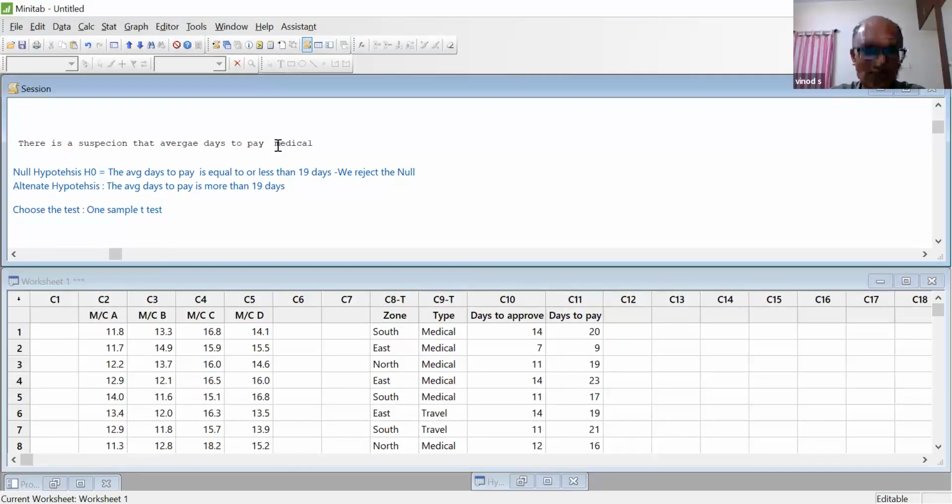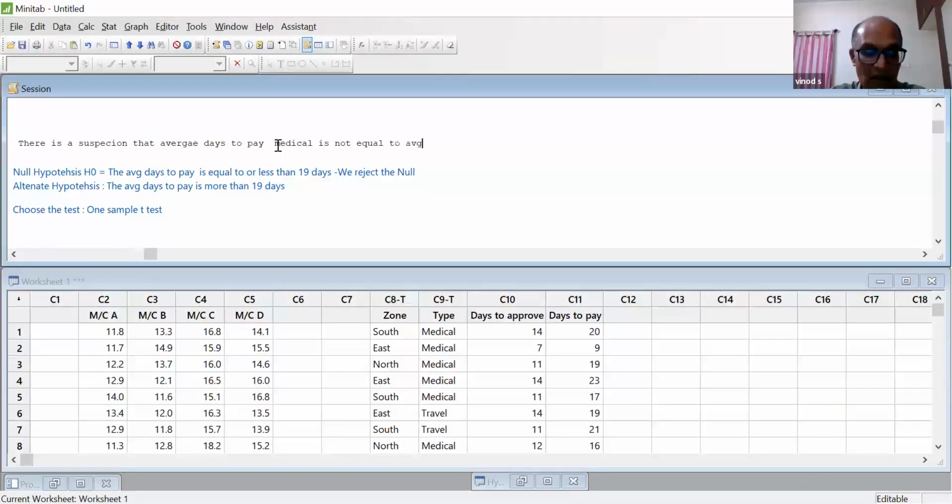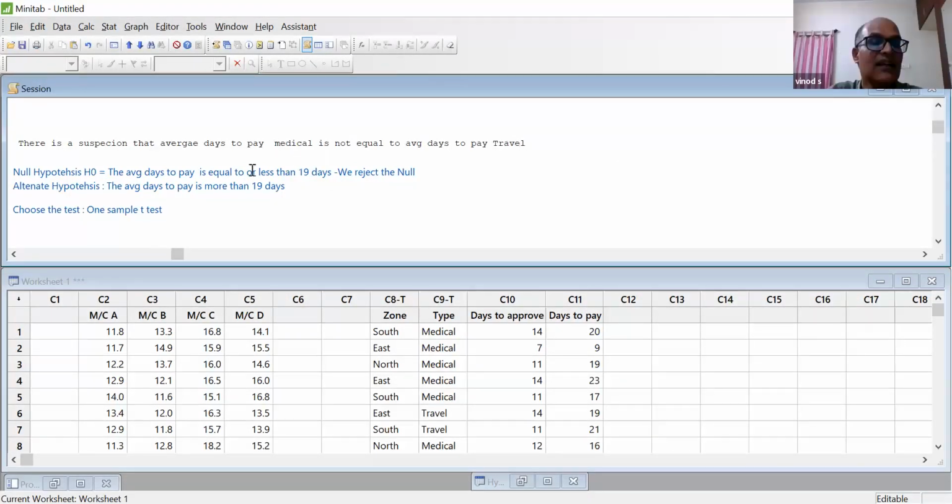is not equal to average days to pay travel. Right? There is a suspicion that the average days to pay for medical is not equal to the average days to pay travel.